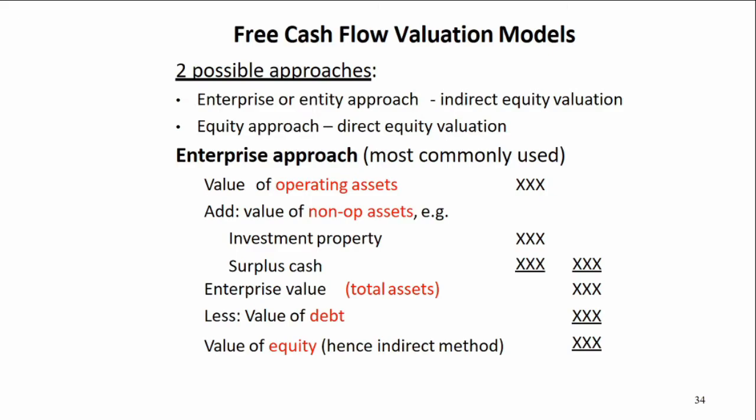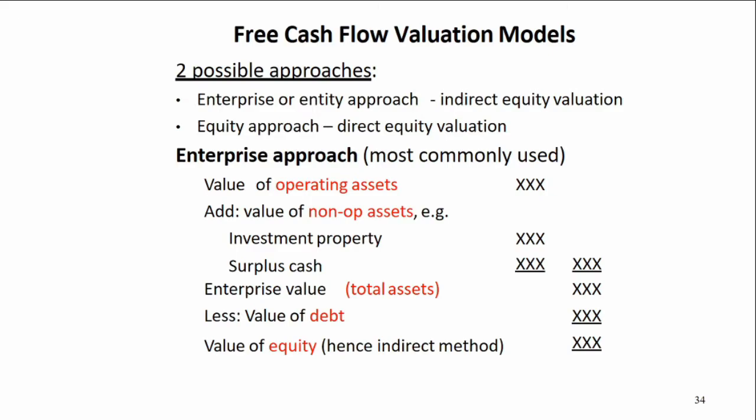So once we have valued the operating assets, we then need to value the non-operating assets. When valuing the non-operating assets, it is important to use the market value of these assets, if they are available. Once we have valued the operating assets and the non-operating assets, this will give us the enterprise value.